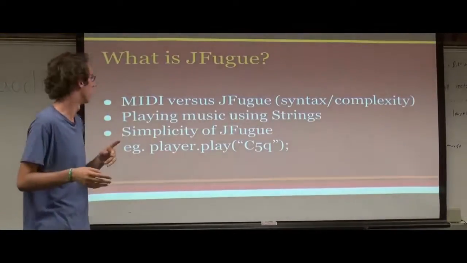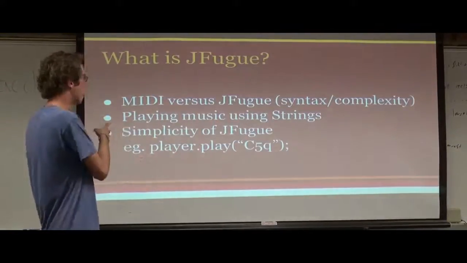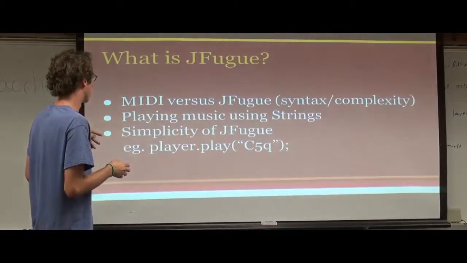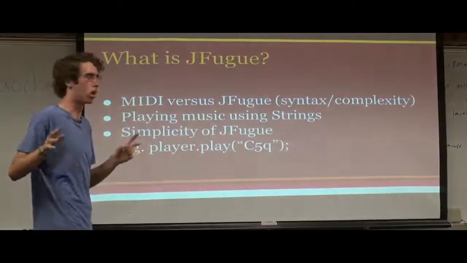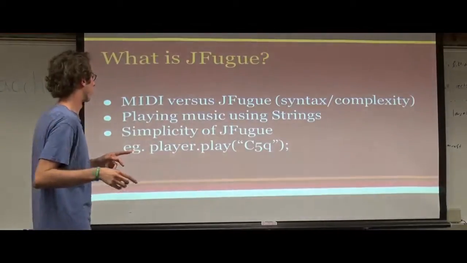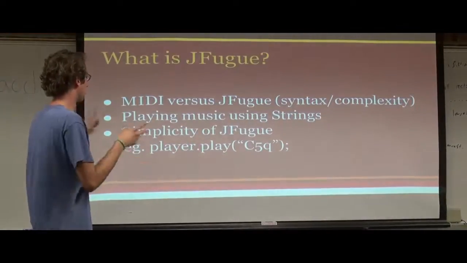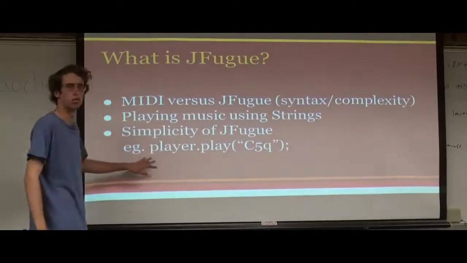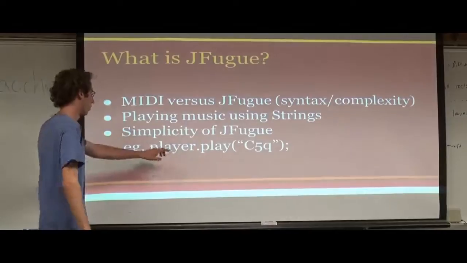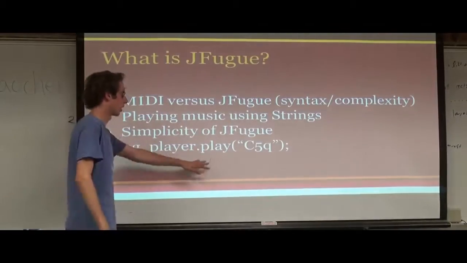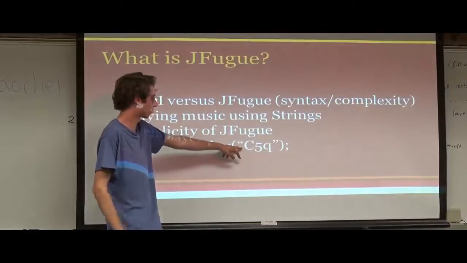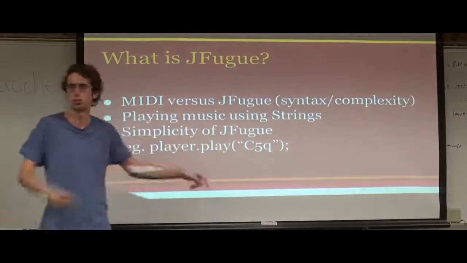For example, the MIDI files itself are initially more complex, but JFugue allows for simpler strings to be used, and it allows for simpler methods as well. So, for example, player.play here. There's a notation that we'll talk about later, but C5 quarter just plays a C note with the duration.